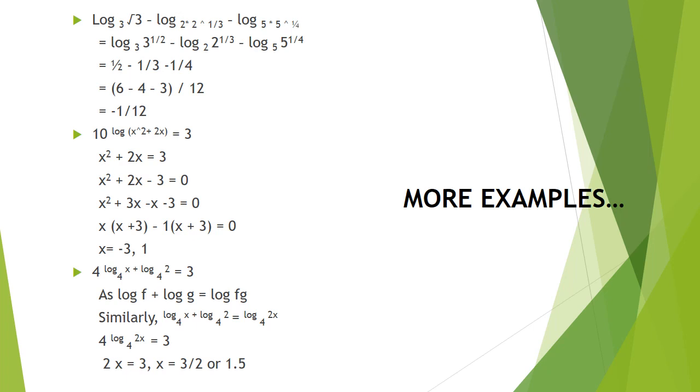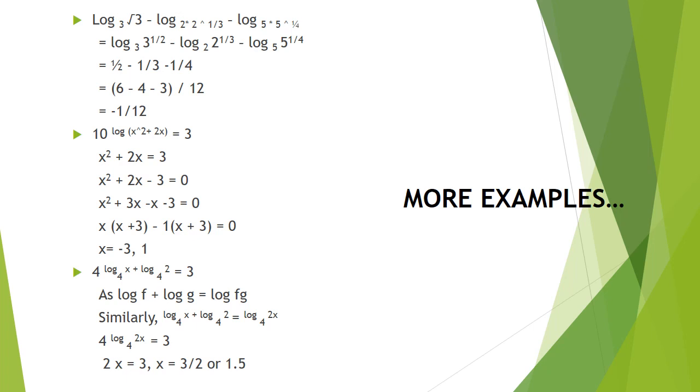What I've done here is you have the same base 4, you can see. So log x plus log 2 is equal to log 2x when you have a common base of 4. Now you solve it further, and since the bases are the same, you can solve this equation to get your answer, which is 2x is equal to 3 and x is equal to 1.5.